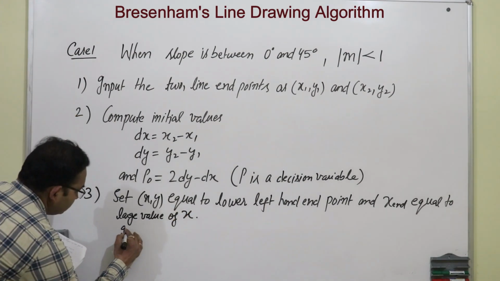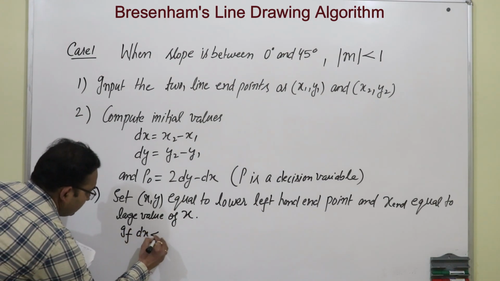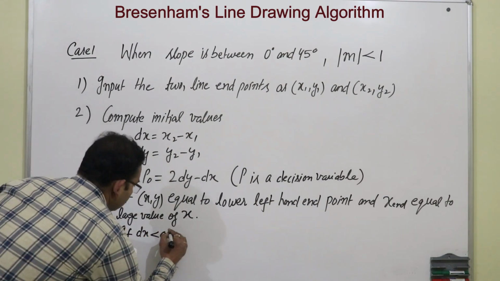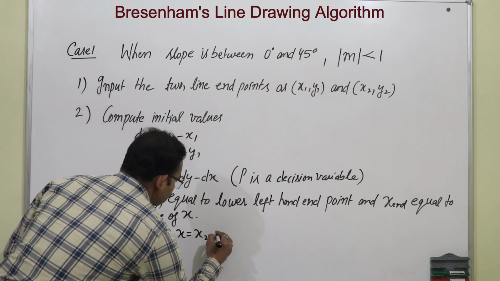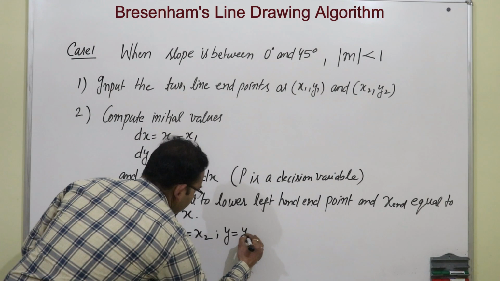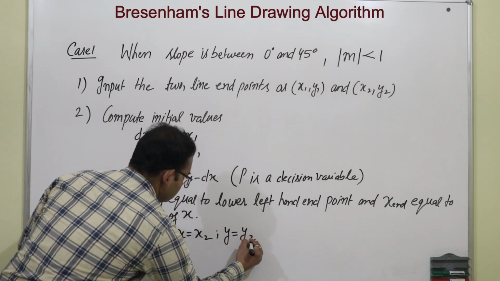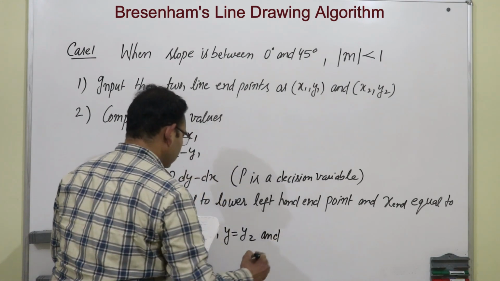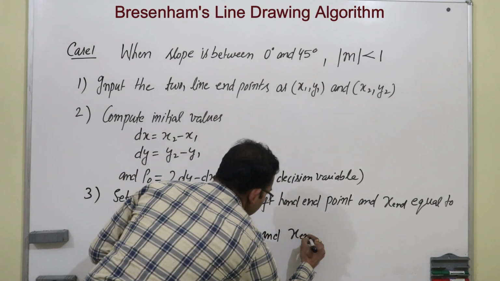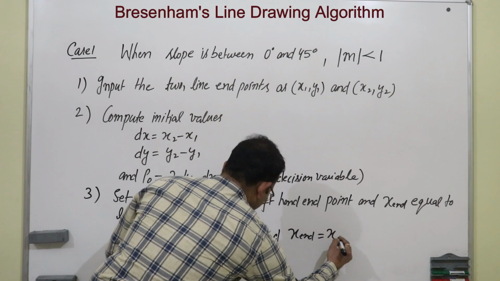If dx less than 0, then x equal to x2, y equal to y2, and x end equal to x1.